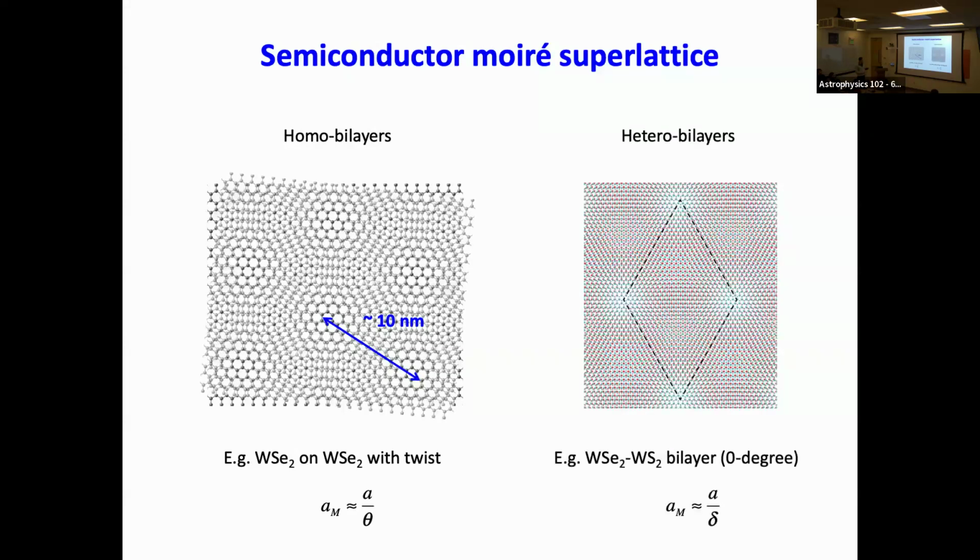Or you can use heterobilayers, where we put two different layers exactly matched, with no twist angle here. But there is a small lattice mismatch between these two materials. Then the moiré period is given by a divided by delta, where delta is the lattice mismatch. And that also gives a moiré period of about 5 to 10 nanometers.